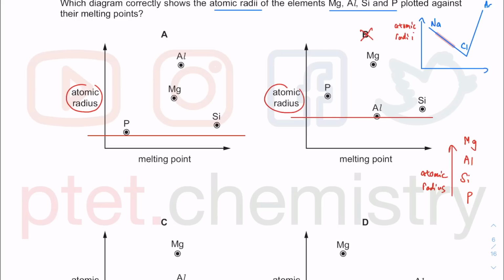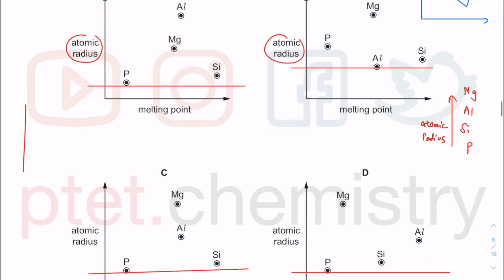Now, in terms of melting point on the x-axis, of course, the melting point graph that we are more used to has the melting point on the y-axis, so that is what I'm going to draw first. The metals increase in their melting point as the metallic bonding increases in strength, and then silicon is all the way at the very top because of the giant covalent structure, and then you drop all the way to phosphorus, P4, which is a molecule, so that's going to go further down.